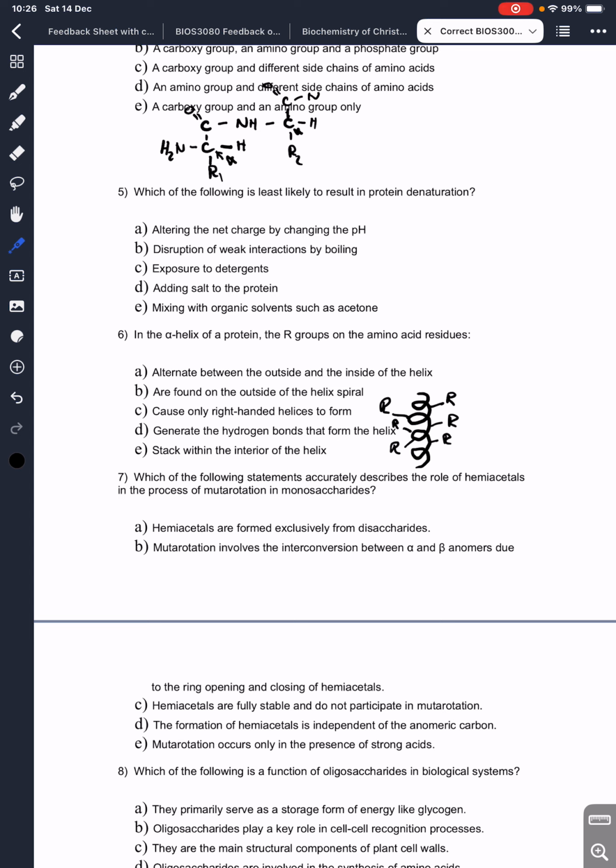That is why the helix and also the beta sheet are secondary structure elements, because of the hydrogen bonds in the backbone of the protein. And of course, the R groups are not in the interior, so the correct answer here would be B, are found on the outside of the helix spiral.